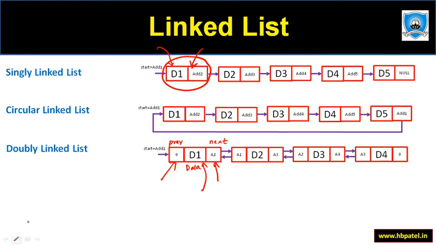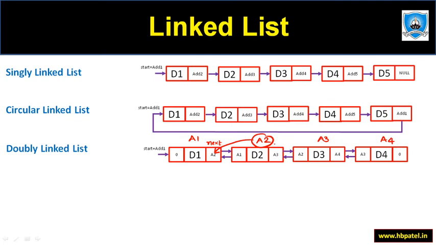Okay, so with this, let us try to understand. Suppose address of this is A1, address of second node is A2, address of third node is A3, address of fourth node is A4. So in this case, the next part of the first node contains the address of the second node. The next part of second node contains address of third node.